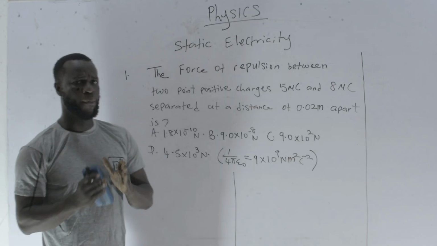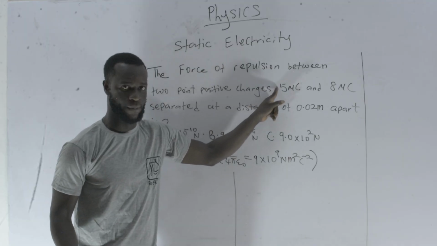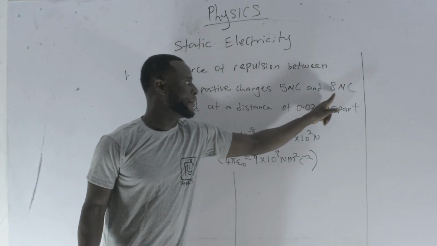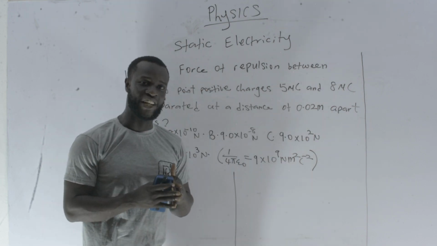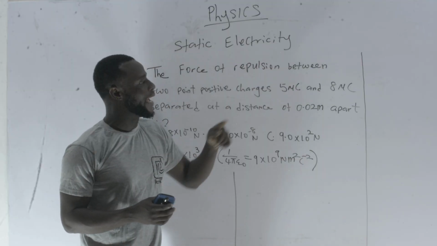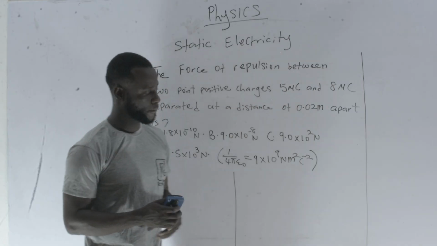They said that they are positive charges because obviously I can see no negative sign here. That means the sign here is positive. And this symbol means micro. The unit of measuring charge is coulomb, not microcoulomb.